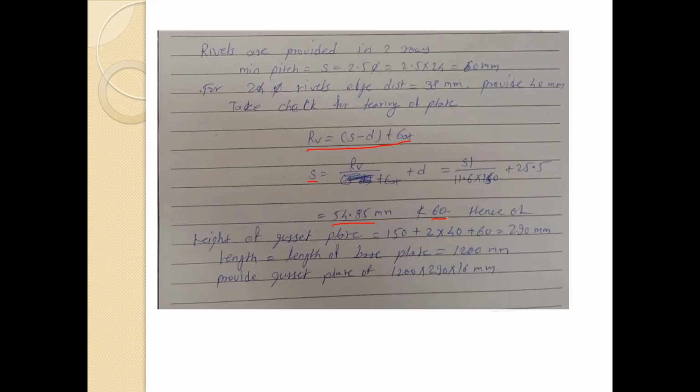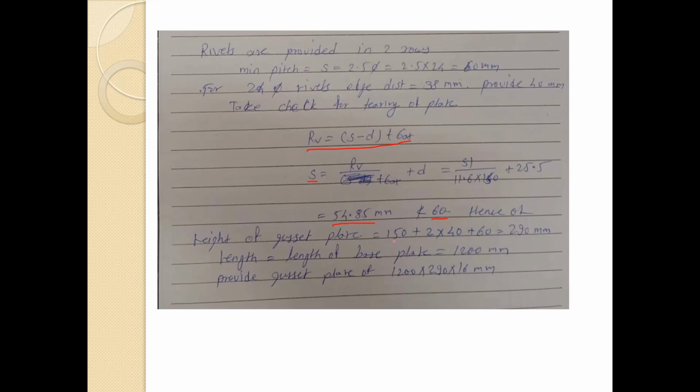So the height of the gusset plate is 150 plus 2 into 40, that is the edge distance, plus 60, that equals 290 mm. The length of the gusset plate is the length of the base plate, that is 1200 mm. So provide a gusset plate of 1200 into 290 by 16 mm.